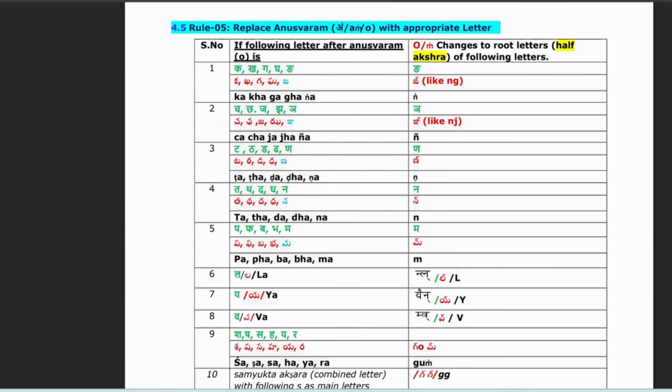And the same thing with the Chavarga. If you look at all of the Chavarga, it changes to the Nya sound.